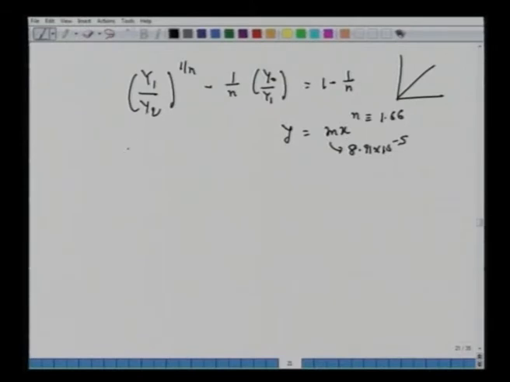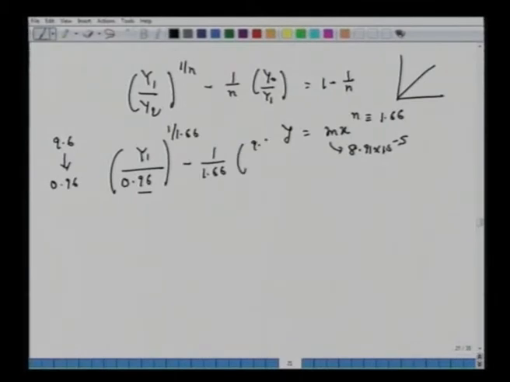So now we can put back here. Y1 is the intermediate value, which we are supposed to calculate. Y2 is the exit concentration of treated wastewater, which is 0.96, so we are going to reduce from 9.6 to 0.96. Here we have 1 over 1.66. Y0 is 9.6, and Y1 we are going to calculate, equals 1 minus 1 over 1.66.